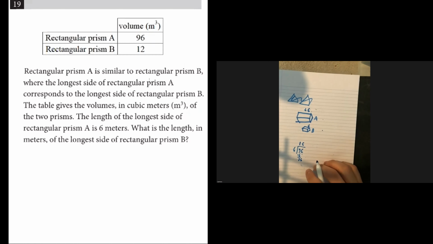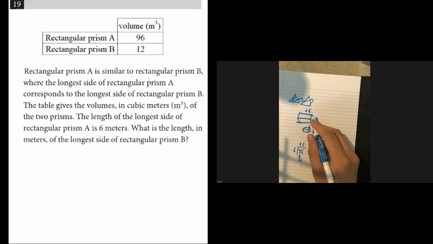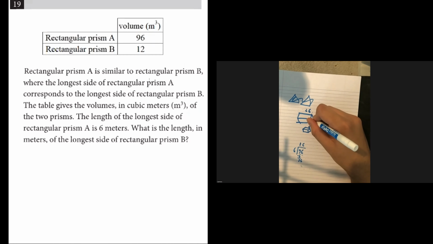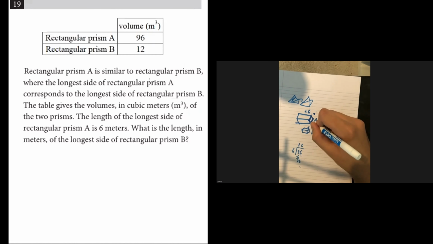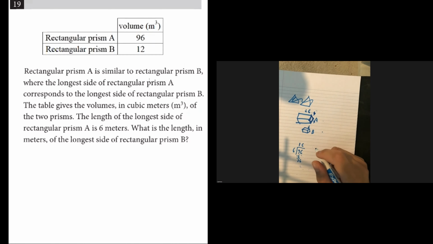Right, and so what you do is you take the volume, 96, and you divide it by 6 for this longest side, and that'll get you 16. So 16 is the area of this square in this rectangular prism, which would get you side lengths of 4 and 4.